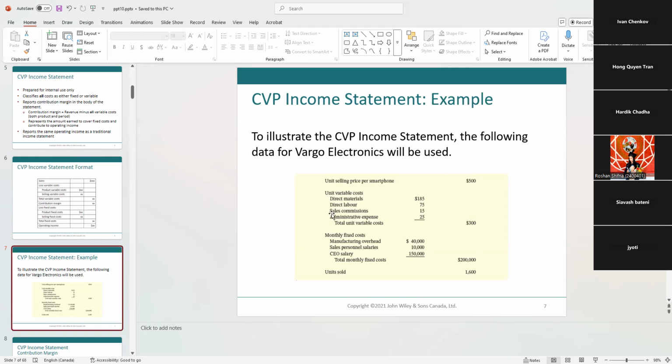Then we're going to have period cost, which you see as sales commission and administrative expenses, but which behave as variable. So now we're clearly not dividing costs by product and period, we divide them by variable and fixed cost. Once we have the total variable cost, we see how much is the total fixed cost, and how many units we're selling.